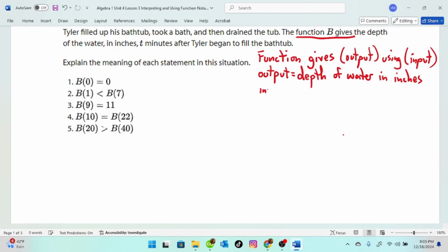It means my input is minutes after Tyler began to fill the tub.